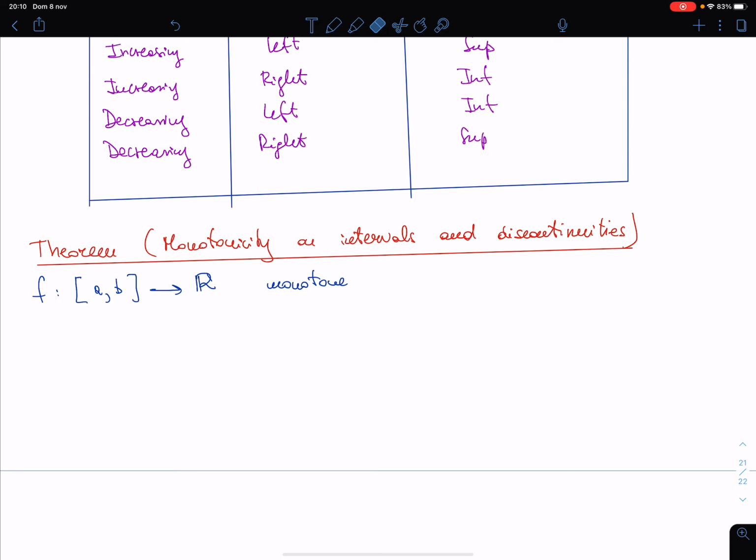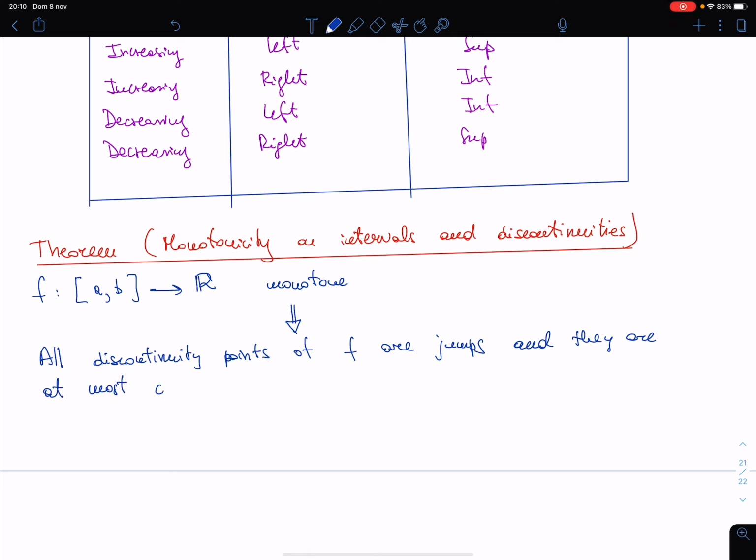Then all discontinuity points of f are of the type jump and they are at most countable.